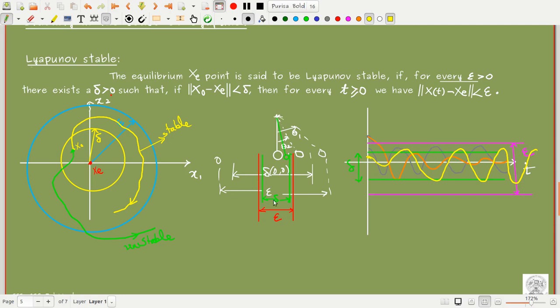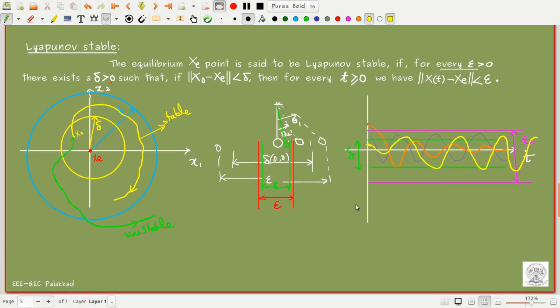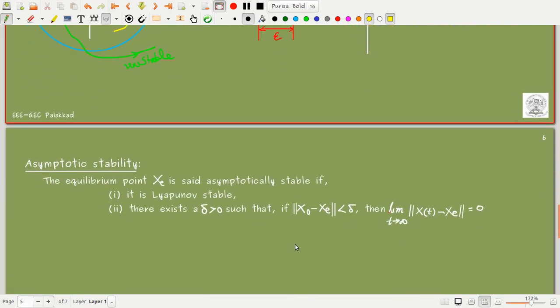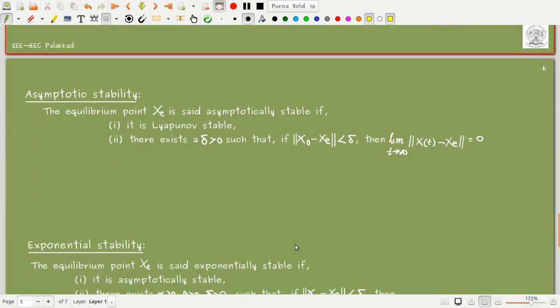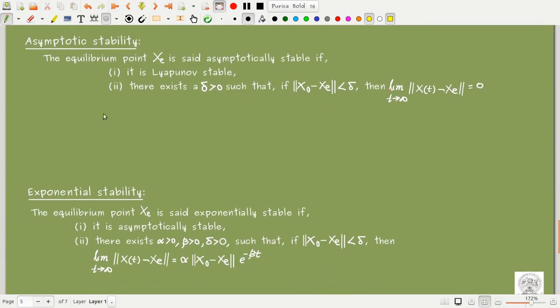Now let us go to the next term. We have only seen the stability so far. This case was in fact an asymptotically stable case, but I have given this example just to show the delta balls. Now we will speak about the asymptotically stable system. It is similar to the system that we had discussed here.